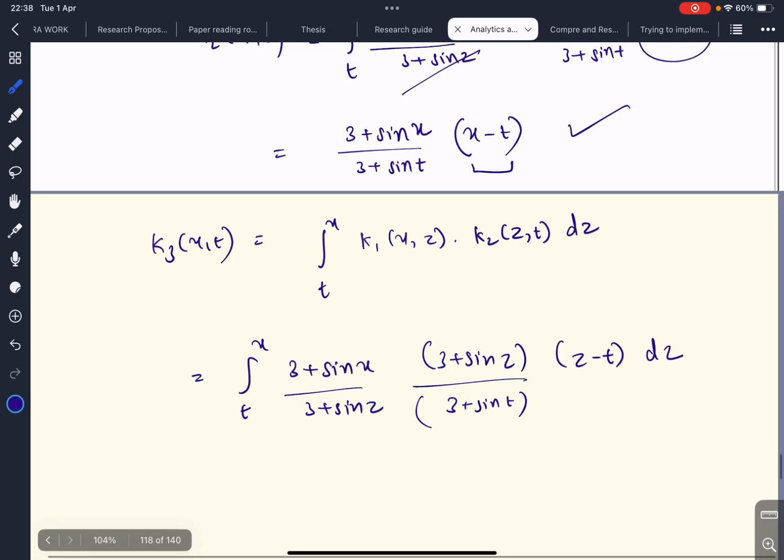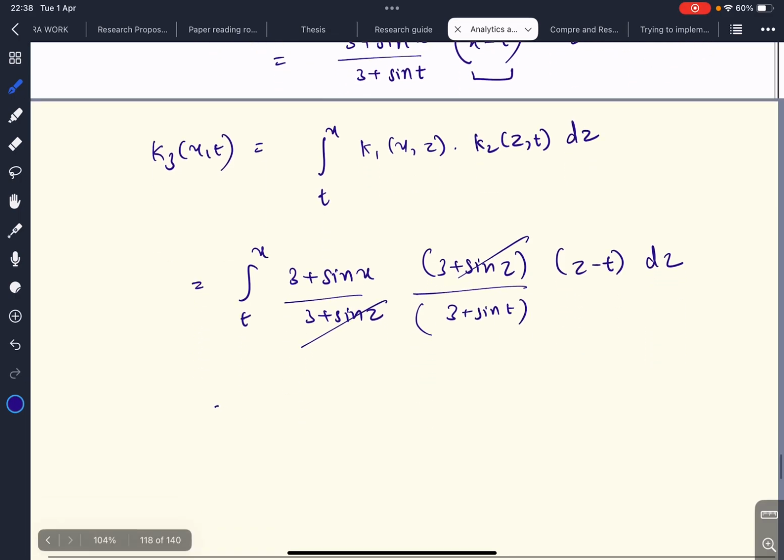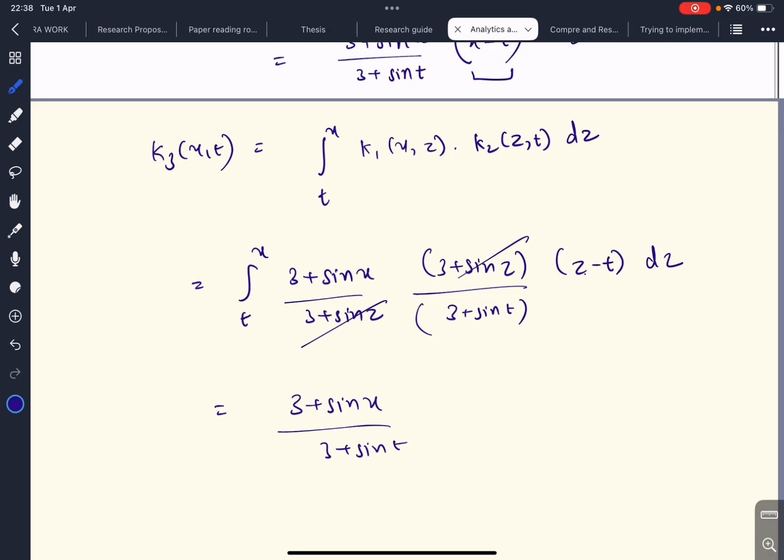This gets cancelled out, and this again comes outside. Now what will be this value? This is z minus t. If you integrate it, it is z square by 2 minus tz.